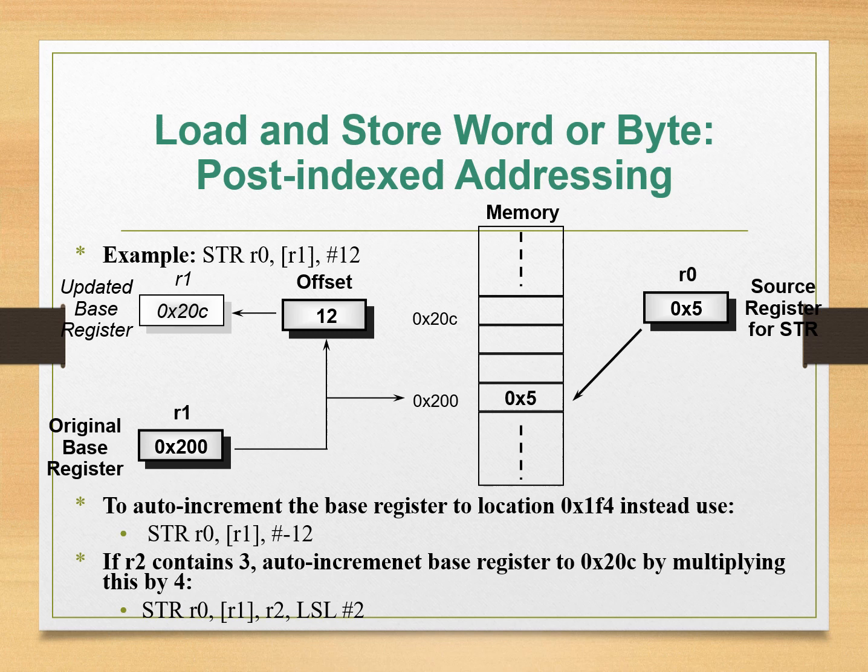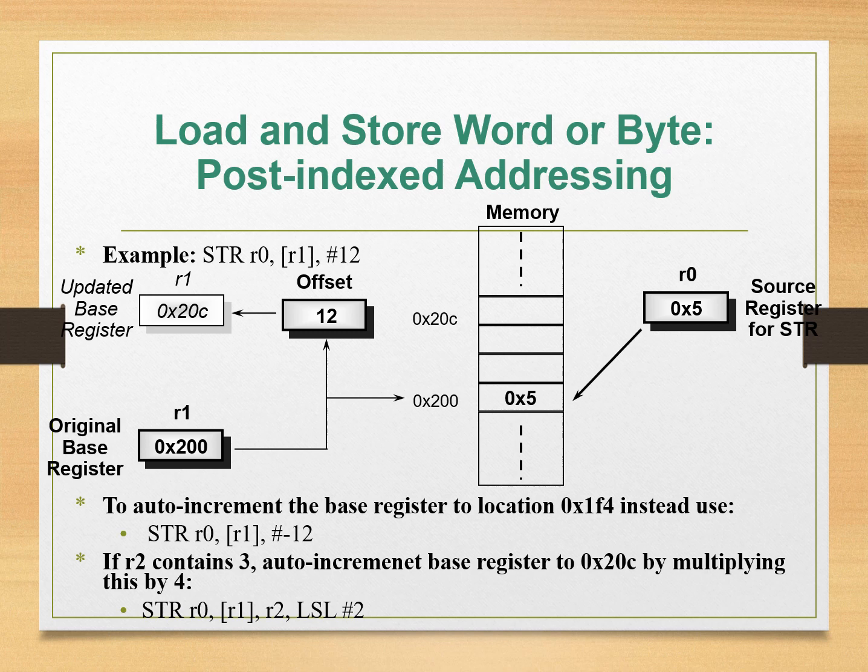It means that you store at the original location, but at the end of it, you are going to increment the base register. The same applies if you are going to increment the base register to location 1F4.